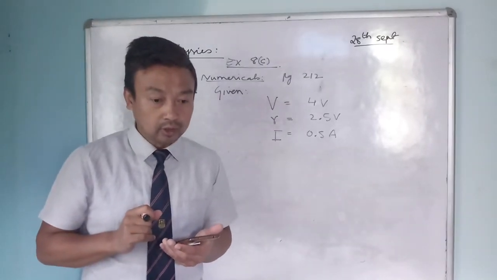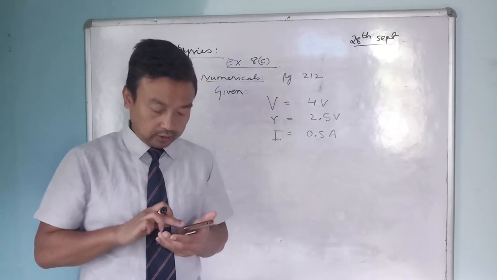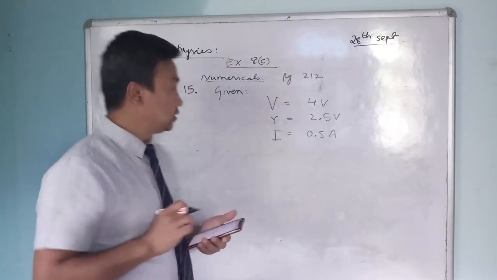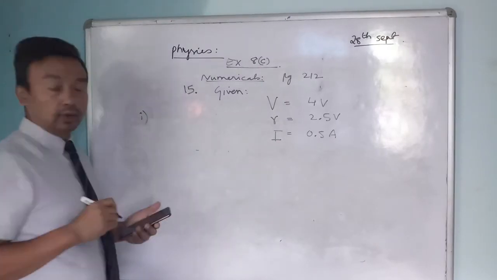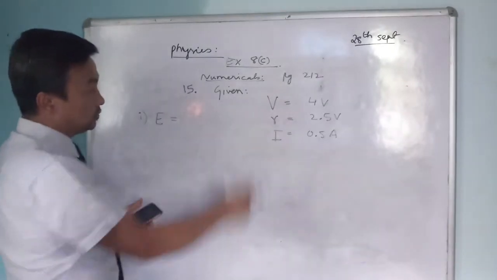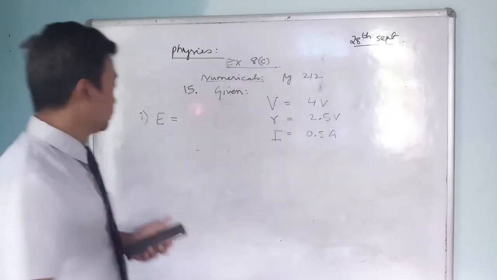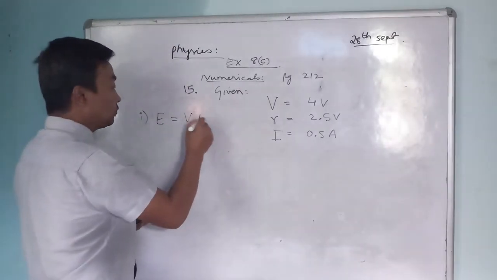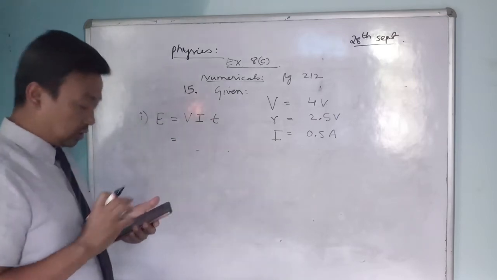Now you have to find two things: first, the total energy supplied by the battery in 10 minutes. When you are given V, R, I, which formula are we going to use for the energy? V I t, the first formula. This is the total energy supplied by the battery.